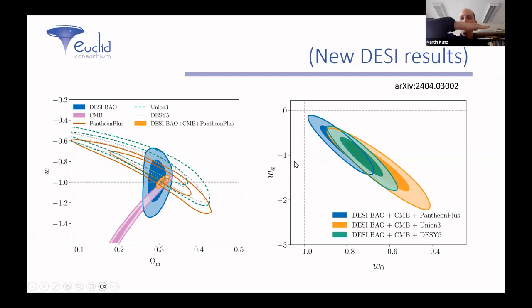So instead of a cosmological constant, you kind of tilt your W around the middle of the redshift range of DESI. That means you cross the phantom divide, W equals -1. You start in the phantom regime and you cross it upwards and you end up at like -0.8 today in W. And that I find a bit weird.